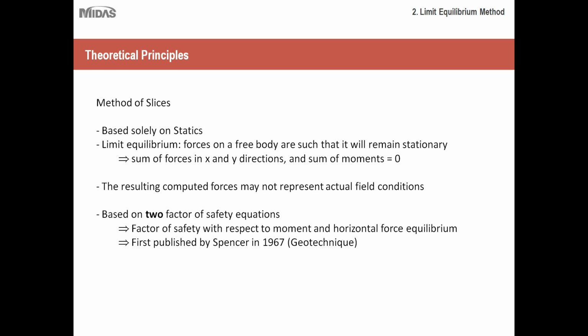Typically a factor of safety should be at least 1.5 or higher. So for example, try to imagine 1 Newton of force that's driving your slope to failure. For every 1 Newton of force acting against your slope, there should be 1.5 newtons of force keeping it stable. And obviously the higher the factor of safety is, the more stable your slope is.